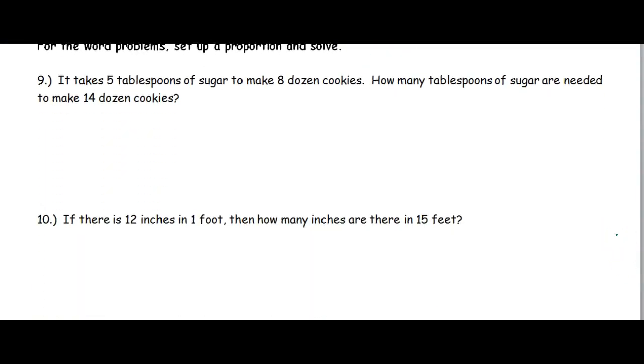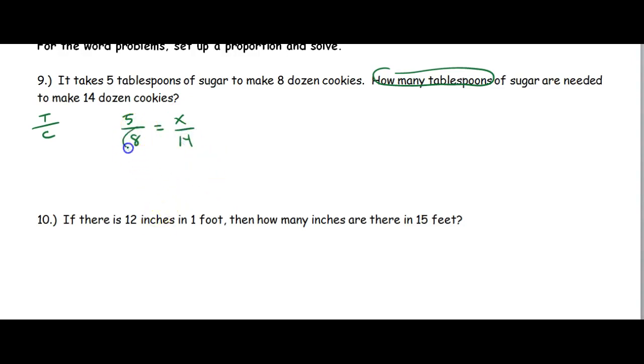Now, any word problem, anytime they give you some ratio, you must keep the order the same. Doesn't matter which way you set up your ratio the first time, but you must keep each ratio in the same order. So it takes 5 tablespoons of sugar to make 8 cookies. So remember, I'm doing tablespoons to cookies. So 5 tablespoons to 8 dozen of cookies is equal to, here I do not know how many tablespoons. That's going to be my x to make 14 dozen of cookies.